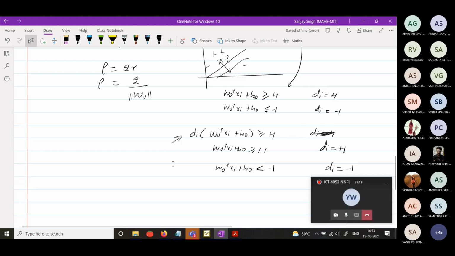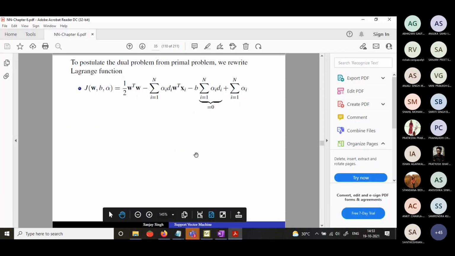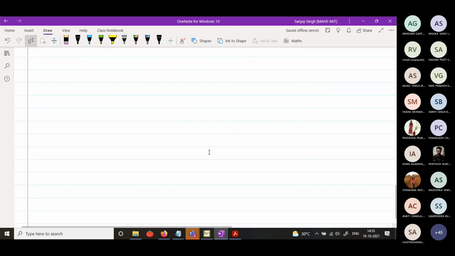Take care of it. Now, if this is the case, let me go to the board again because a lot of board work is required. So I'll just put it across here. Actually we have to derive or reduce that dual. So let me write this: J(w, b, alpha) equals 1 by 2 w transpose w minus summation i equal to 1 to N alpha i [di (w transpose xi plus b) minus 1], right?